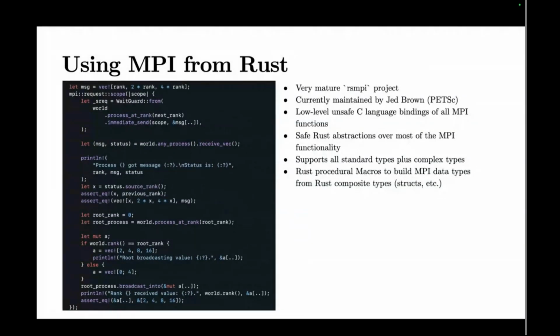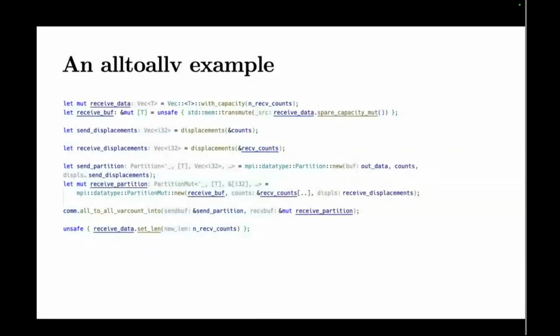This provides a beautiful Rust native interface around all the low-level unsafe C language bindings of the MPI functions. So these are safe Rust abstractions over the low-level C MPI, and it works really nicely and is very natively integrated into Rust. Here's, for example, an all-to-allv example.